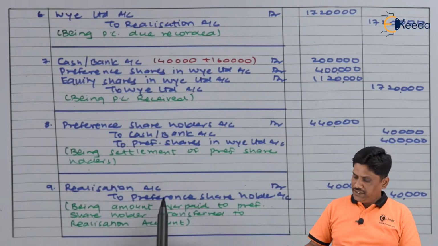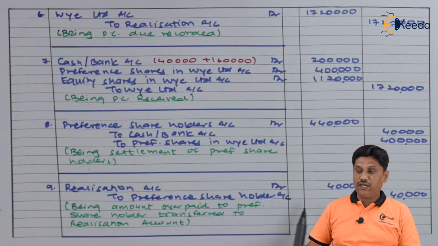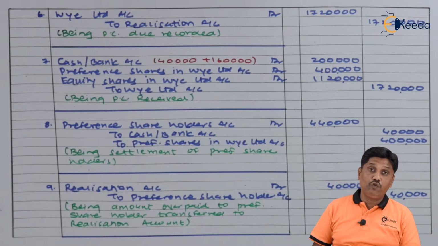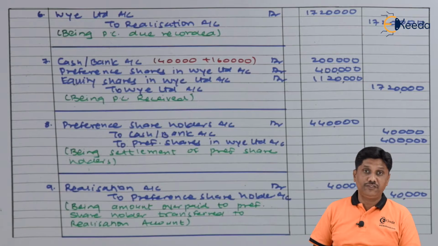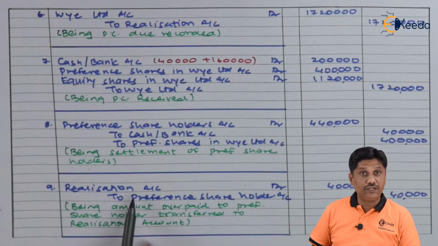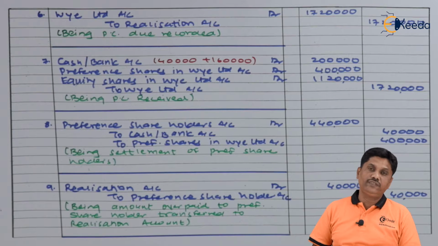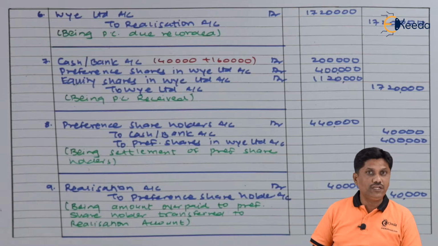Friends, you can notice the entry: realization account debit to preference shareholder account 40,000. Whatever overpaid is credited to the preference shareholder's account and debited to the realization account. So it is a loss basically to the company which is debited to the realization account.